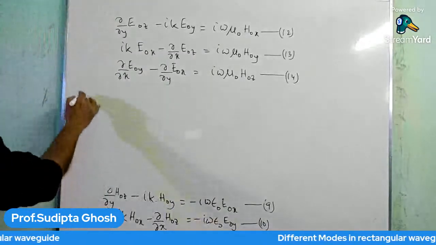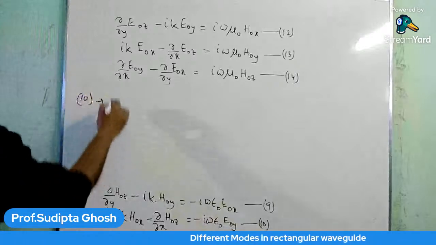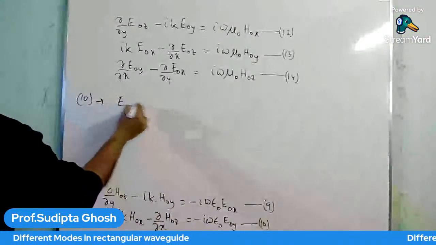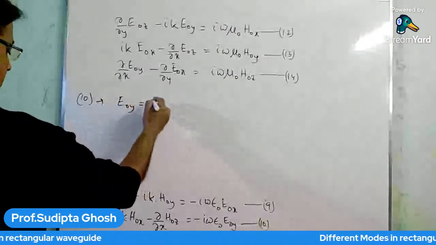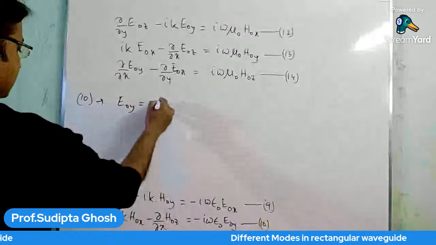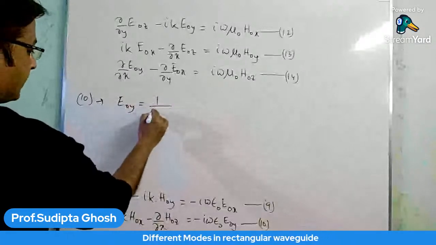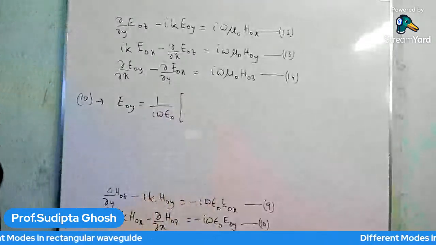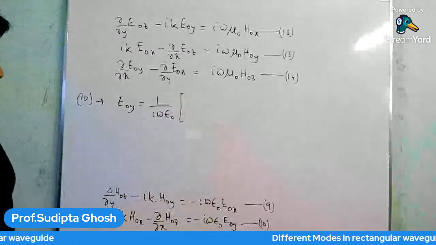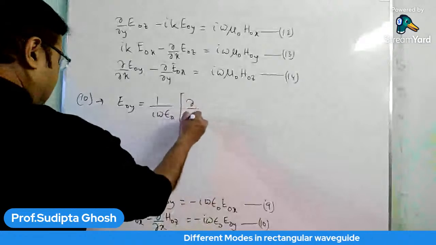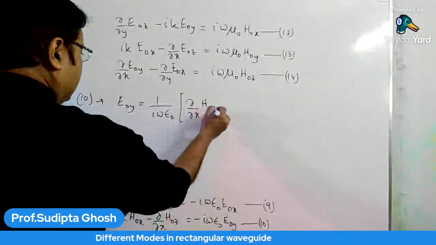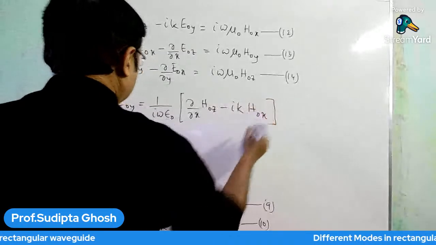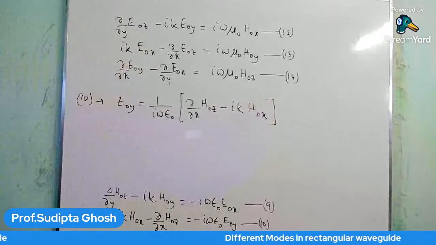From equation 10 we have the value of EOY. EOY equals minus 1 by i omega epsilon 0, and then, multiplying with the negative sign, it will be del x of HOZ minus IK HOX. So this will be the value of EOY.